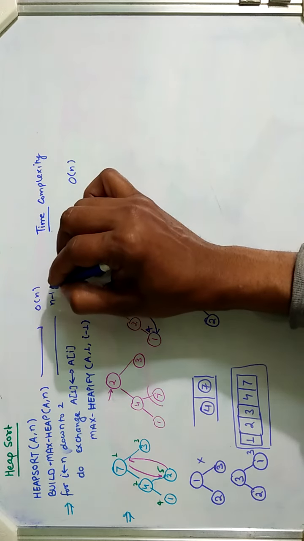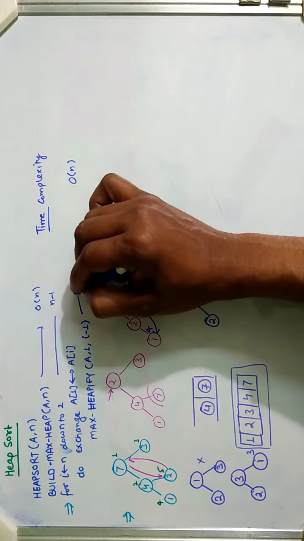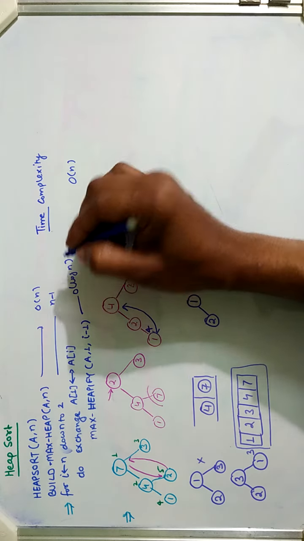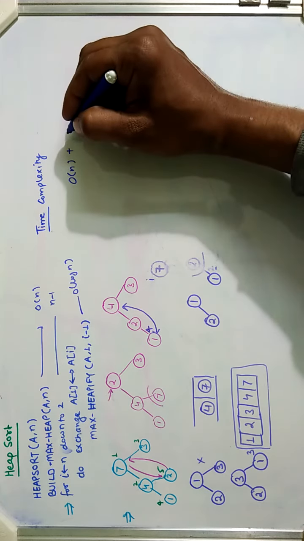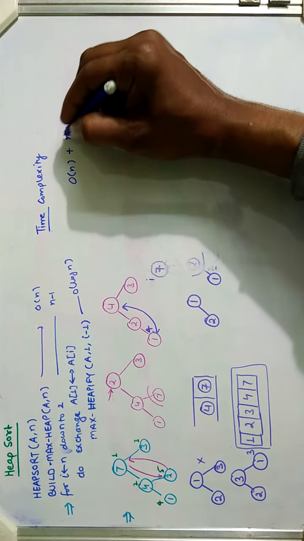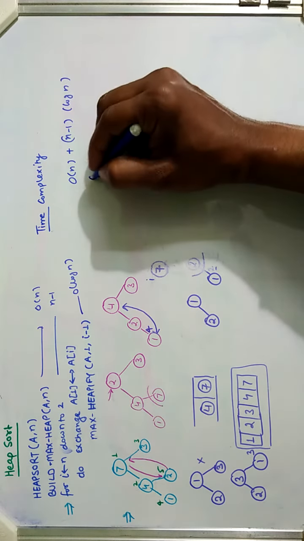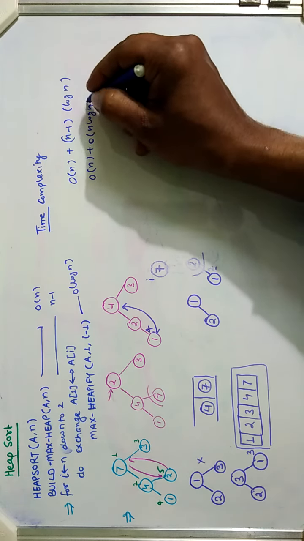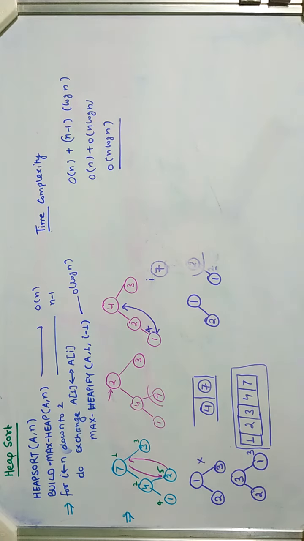The loop executes n minus 1 times, and the maxheapify function executes in order of log n time. So the total time would be order of n plus n minus 1 times log n. It is nothing but order of n plus order of n log n, or we can say that order of n log n is the time complexity of this algorithm.